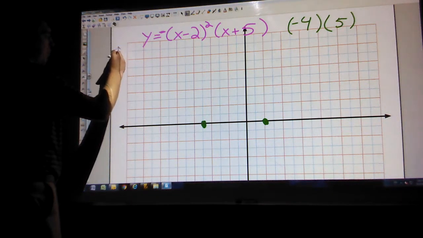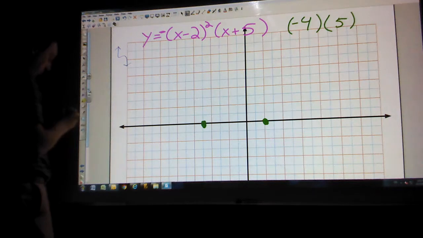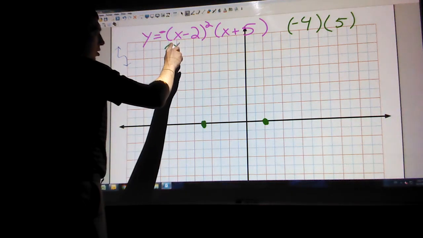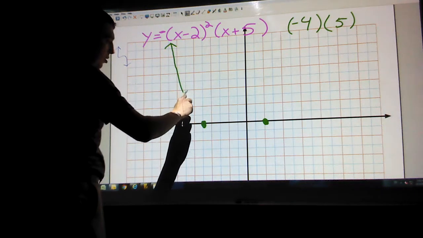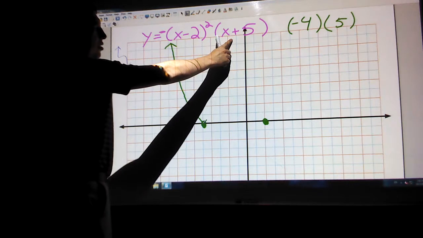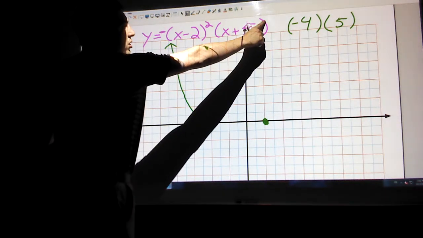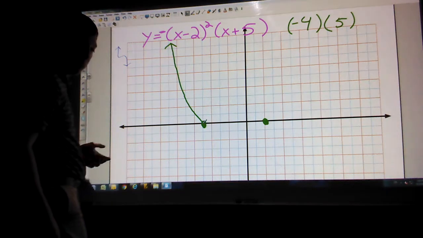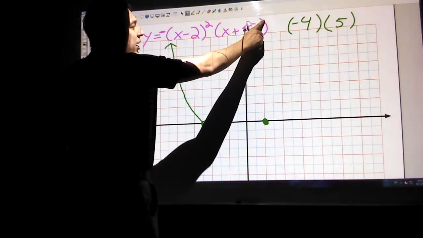starts high, ends low. So I'm going to start up here, come down, and I come to -5. I notice the exponent is a 1, and that means it is odd, and it goes through. Odd exponents go through.